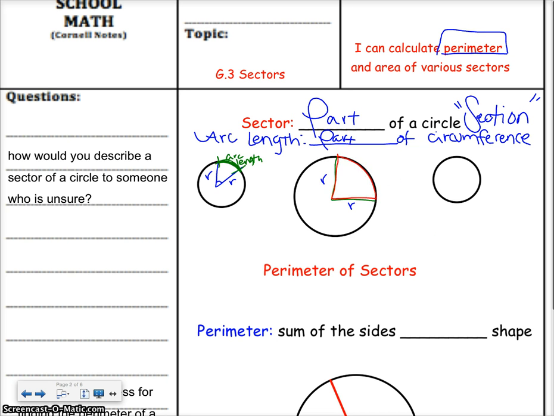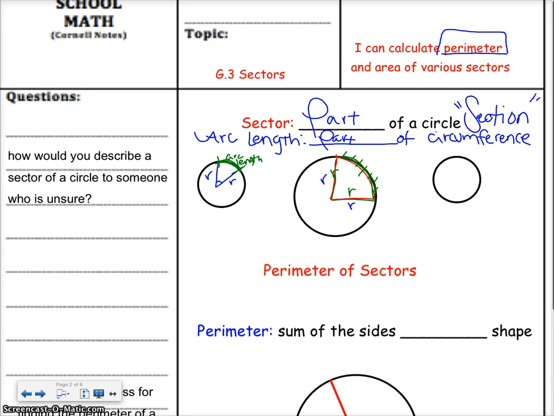So what if I were to say, hey, what's the perimeter of this thing? Well, the perimeter would be your radius plus part of your circumference. Part of your circumference is that arc length, okay? So, there you go. And then another one, you can also have super big.